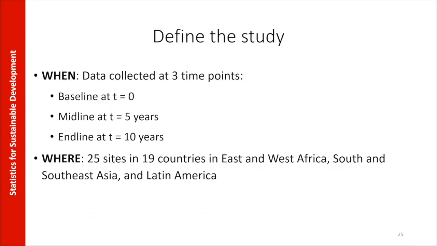So once we have set all this up, we have to make decisions on how this research process is going to be carried out. The timeline is that we want a span of 10 years and to collect data at 3 different points: at baseline, the initial stage, which is time equals 0; at the end, after 10 years, which would be the endline; and also a midline review after 5 years.